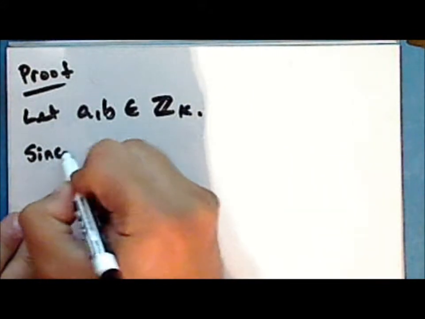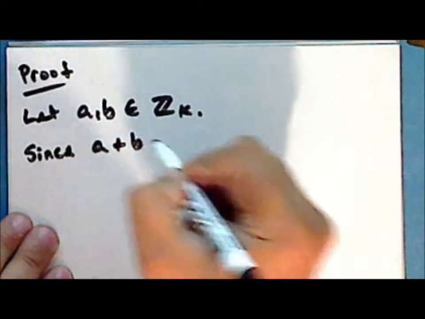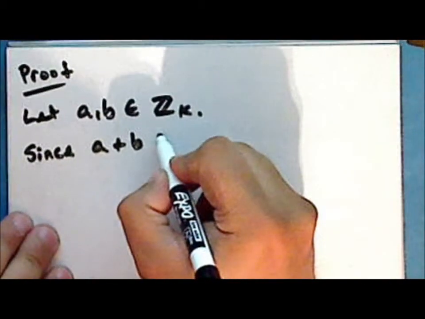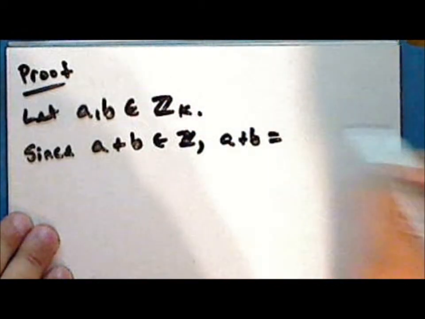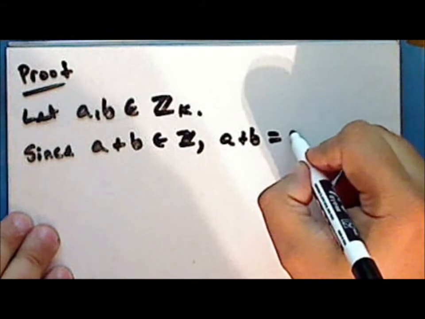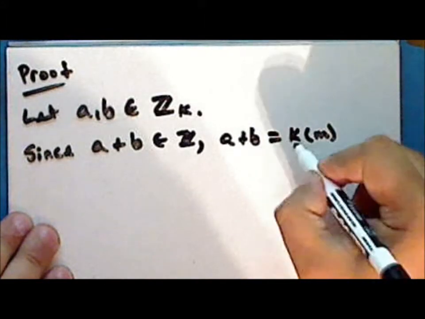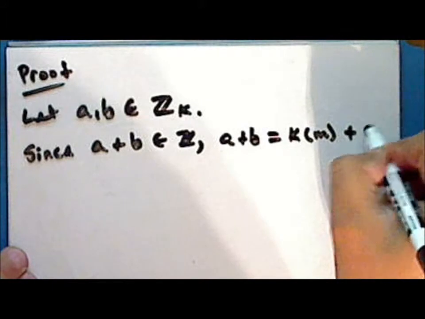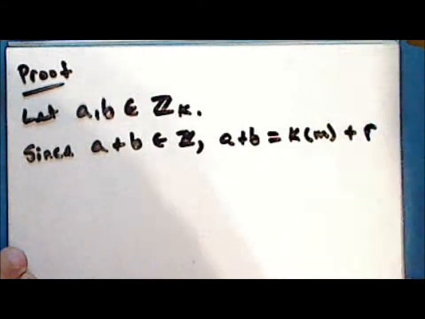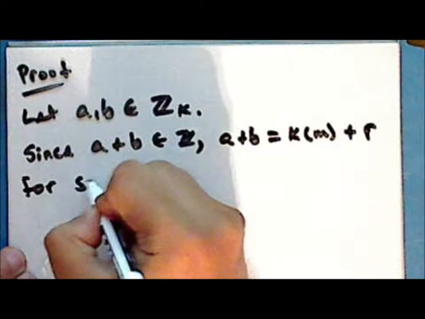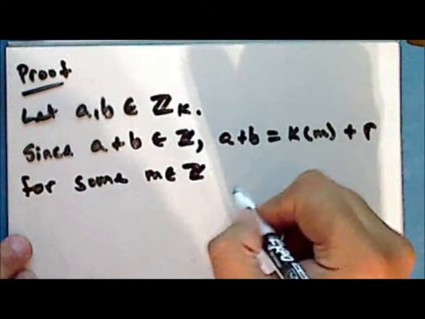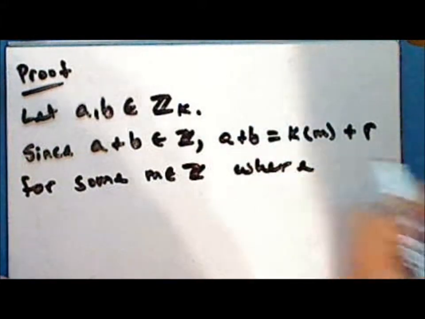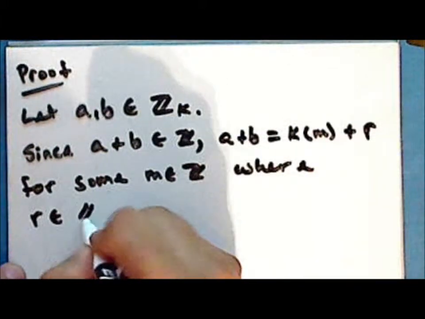Now, since a plus b is an integer, this integer a plus b can be written as the sum of an integer multiple of k, plus a residue r, for some integer m, where the residue r is an element in the set of integers modulo k.